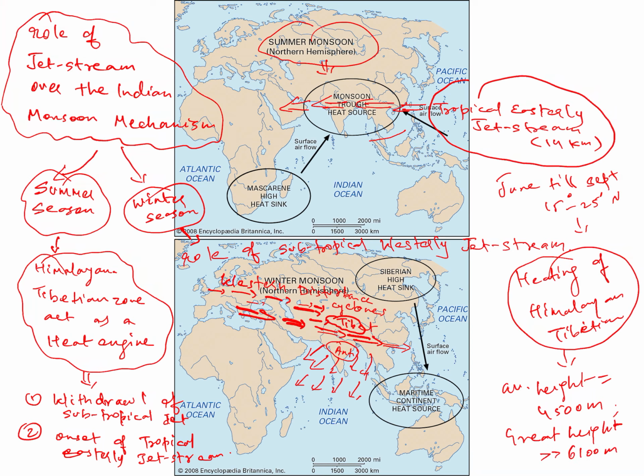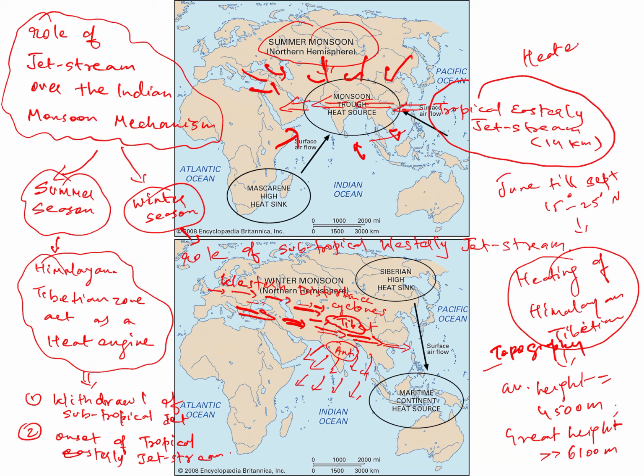This forms the world's highest topography. In summers it receives the highest insolation, so its temperature becomes higher, and that is why in summer we call the Himalayan Tibetan zone a heat engine.